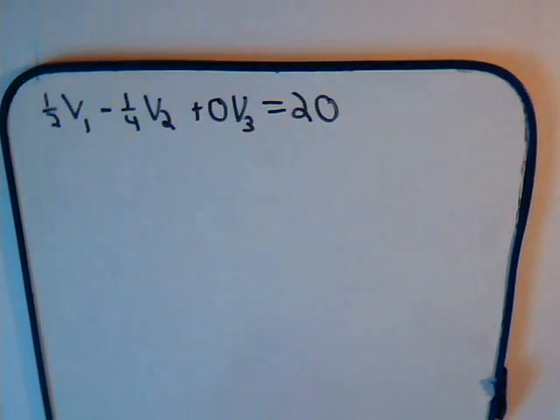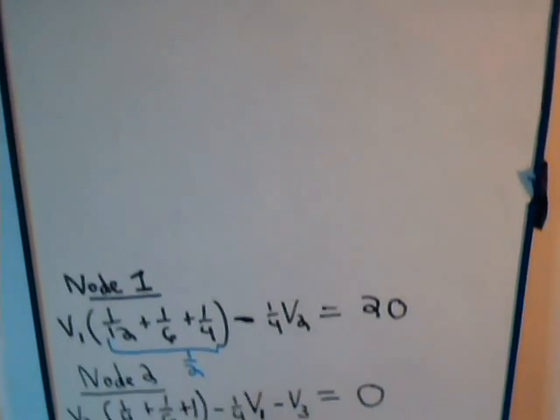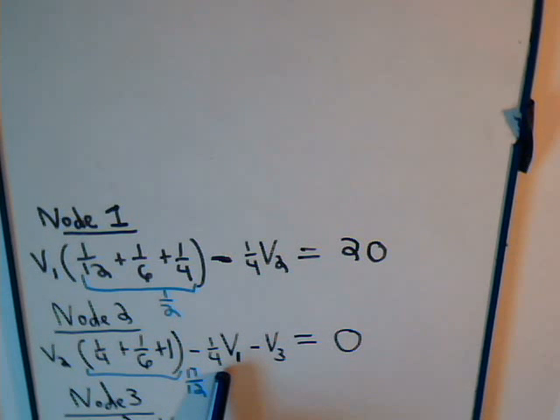That's from node 1. Now from node 2 we have minus 1/4 V1 plus 17/12 V2 minus 1 times V3 equals 0, and I'm going to write that at the top.